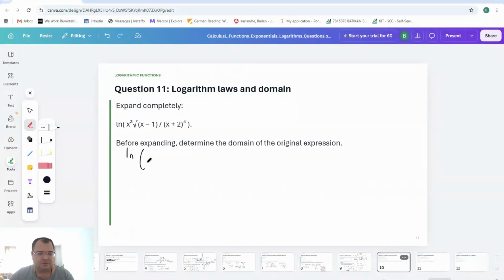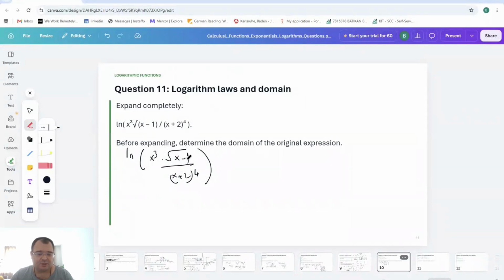ln of x to the 3 multiplied by the square root of x minus 1, divided by x plus 2 to the 4. For this expression you have special values. In this case you have ln, and the inside of a logarithm cannot be 0 or negative, so you need to take that into consideration.